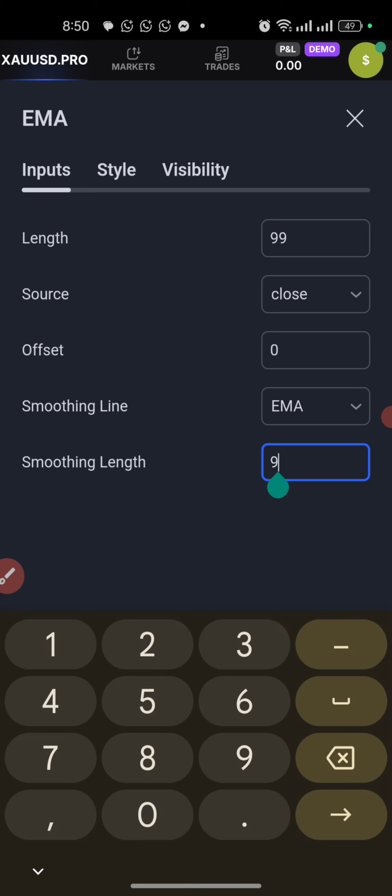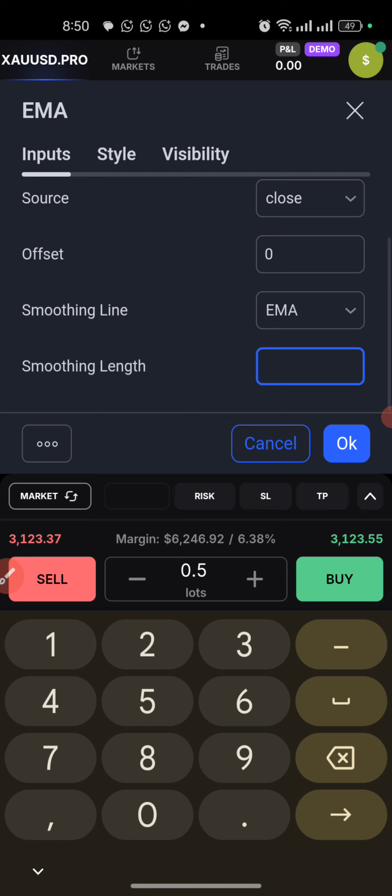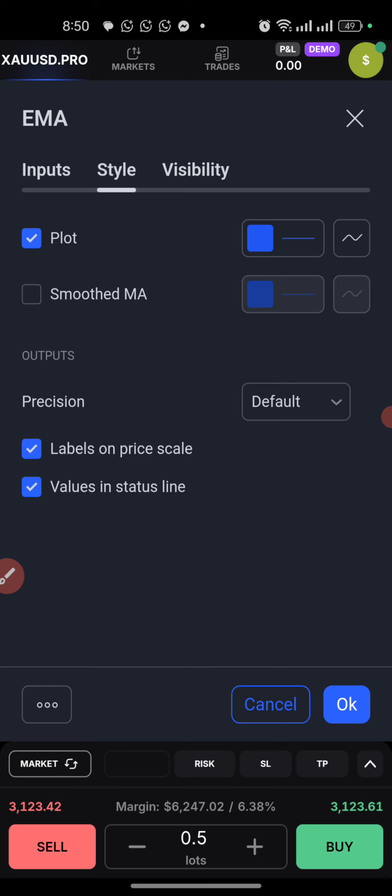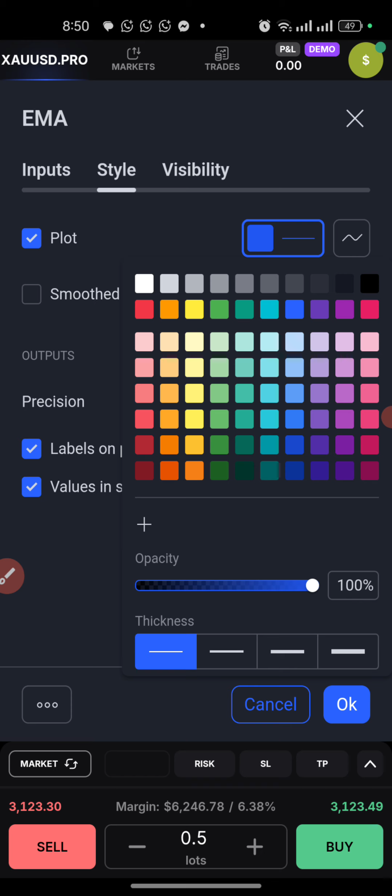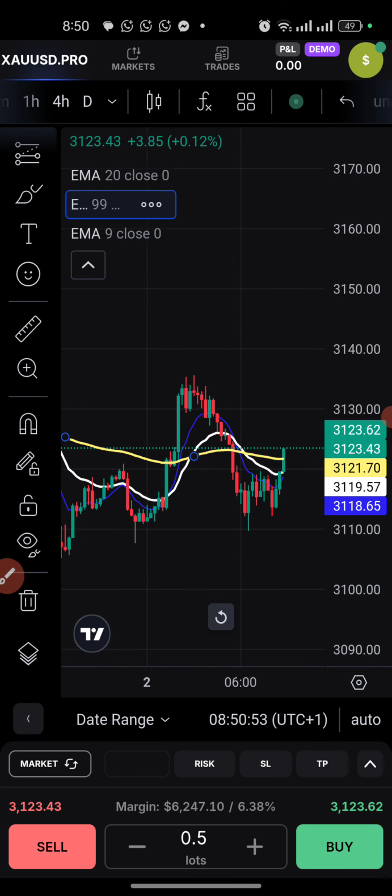The smoothing length, like I said, I often leave as 9, but you can change to 5. Then style. For my EMA 99, I usually like to use bright yellow. Then I increase the thickness and click OK.